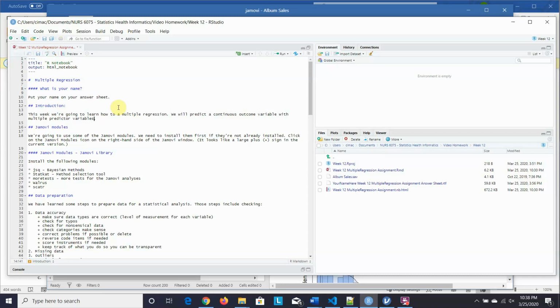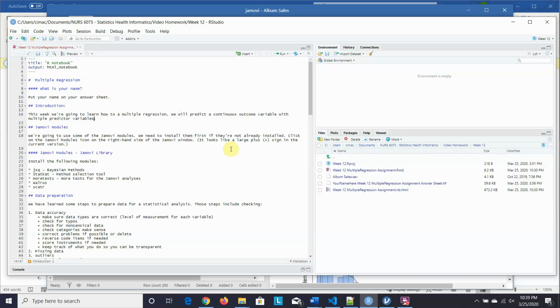This is probably where I was really excited when I was taking statistics, because a lot of the pieces come together here and you're able to make a lot of inferences about your data using multiple regression.